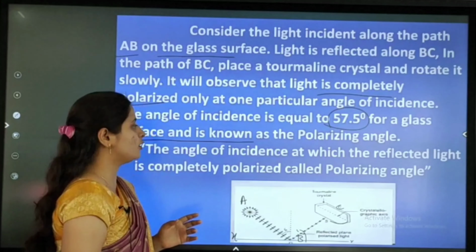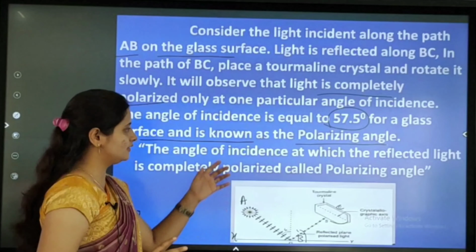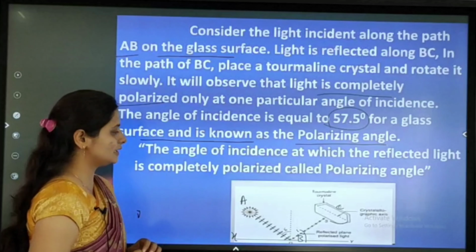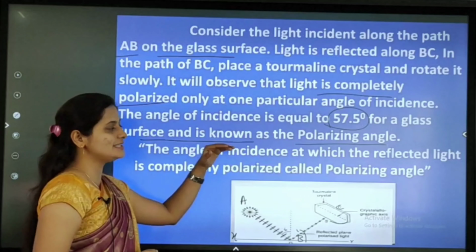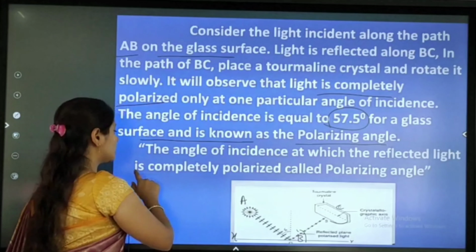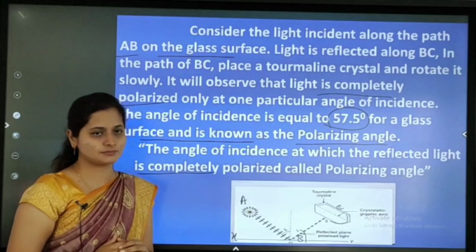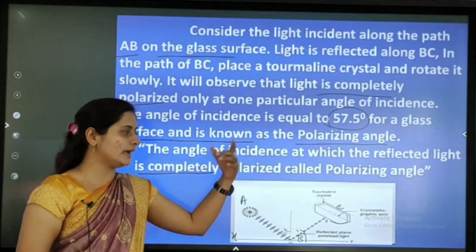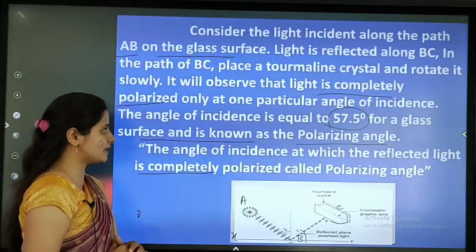That angle we call the polarizing angle. Understood? Next we'll see the definition of the polarizing angle. The angle of incidence at which the reflected light is completely polarized is called the polarizing angle. Completely polarized reflection of light at a certain angle, that angle is the polarizing angle.